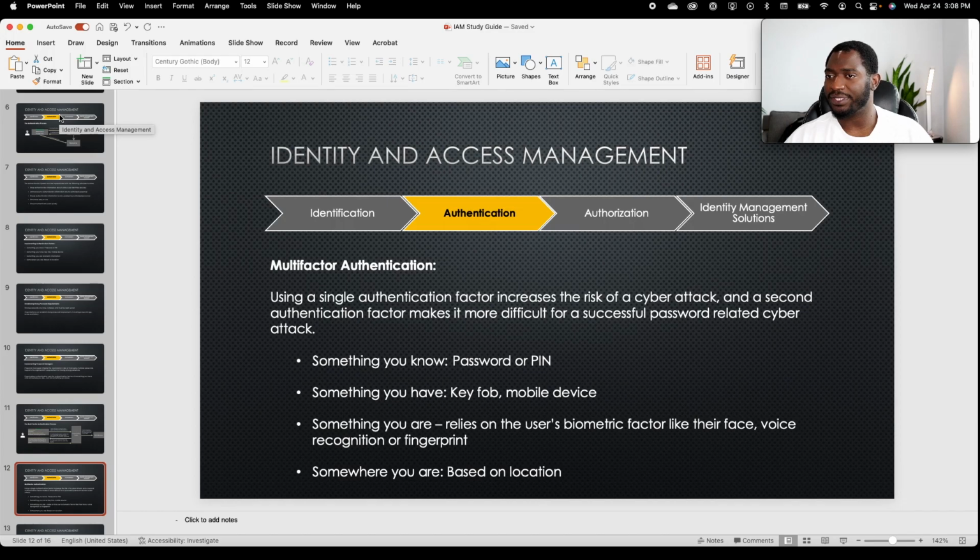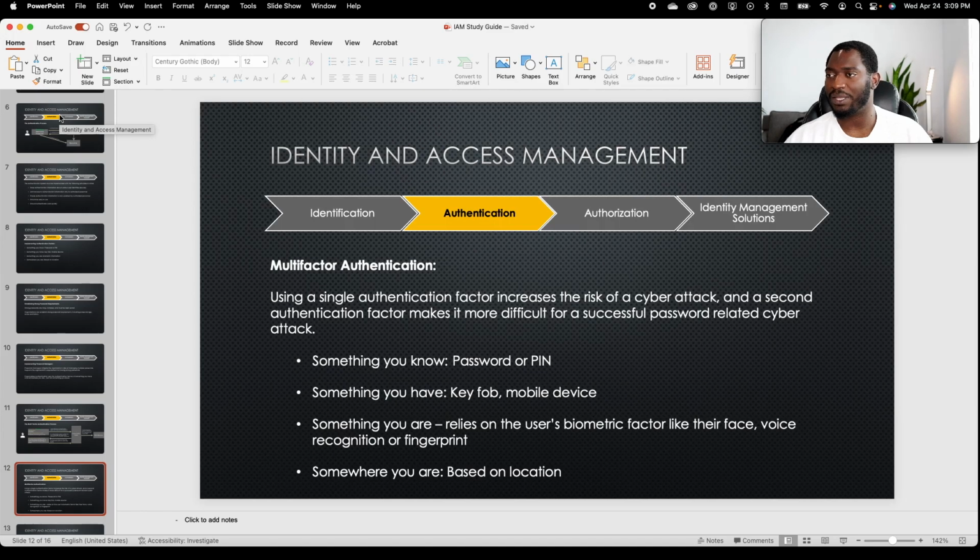Using a single authentication factor increases the risk of a cyber attack. And the second authentication factor makes it difficult for a successful password related cyber attack. What's important to note here is that the security of the resource is the reason why these authentication factors exist.